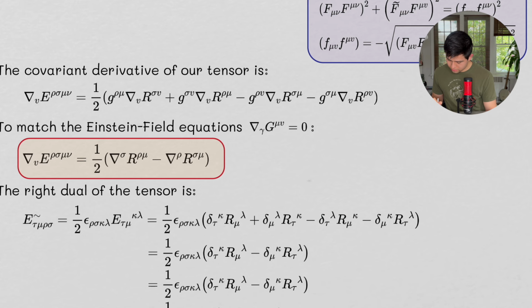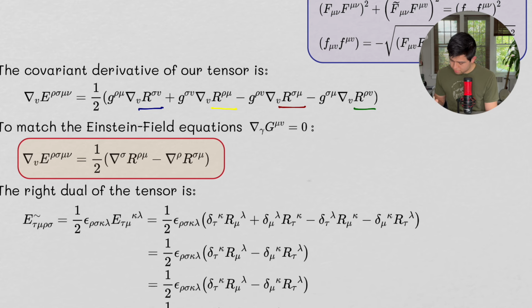And let's see, R rho nu. So here's R rho nu, and here's rho mu. Let's do sigma nu. I'm going to color code these just to make sure everything's kosher.